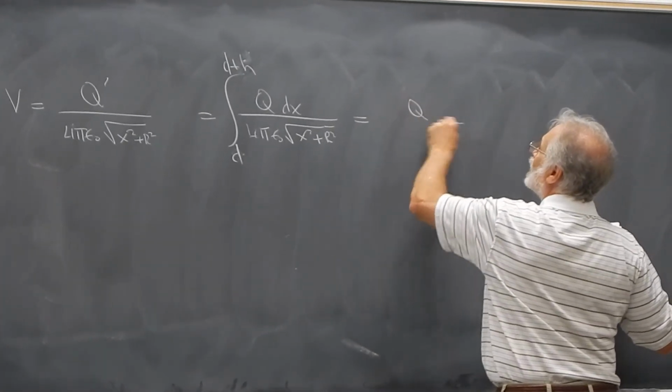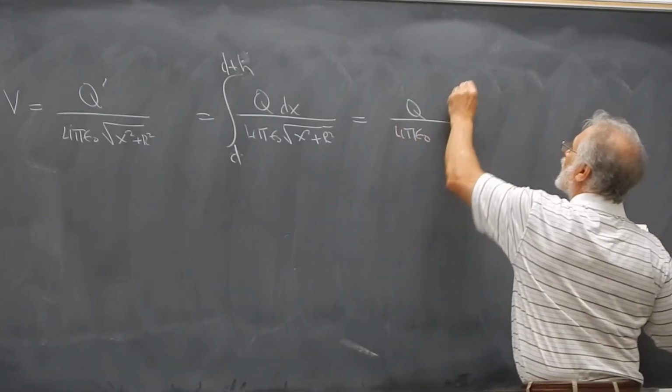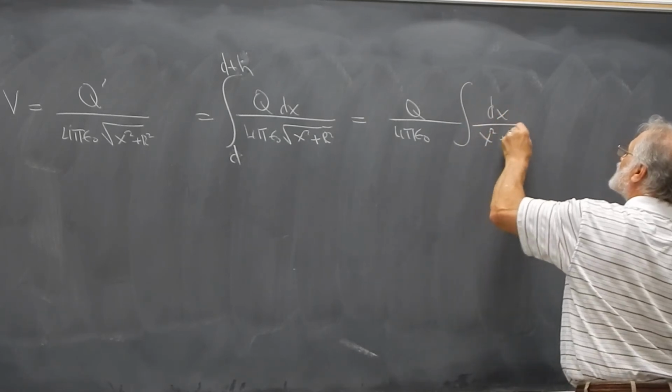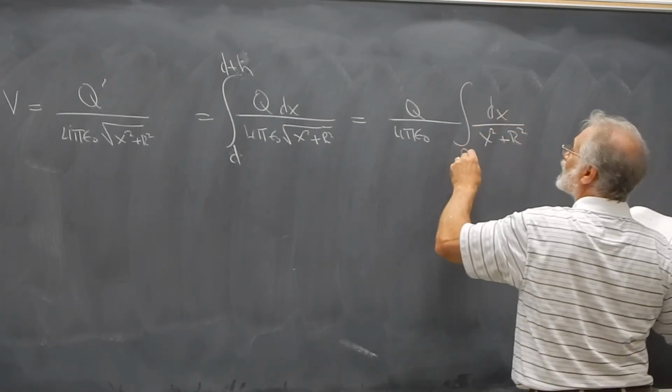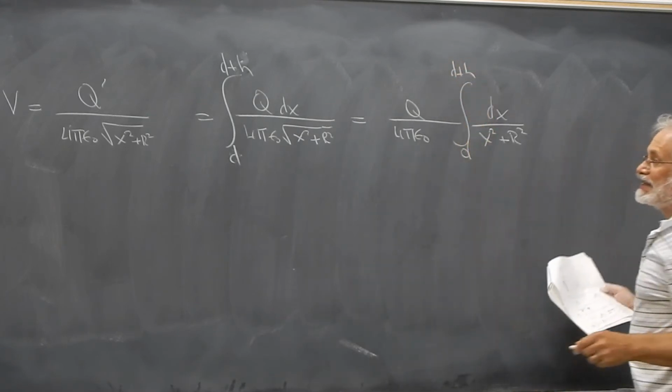I can pull the Q and the 4 pi epsilon naught out of the integral, and I'm integrating dx over square root x squared plus r squared, where x goes from d to d plus h.